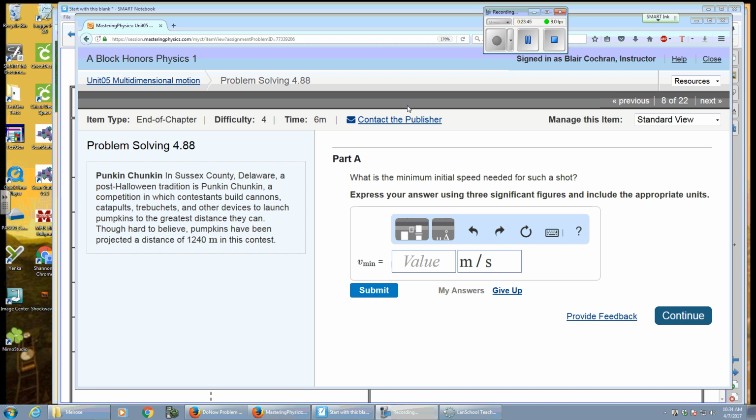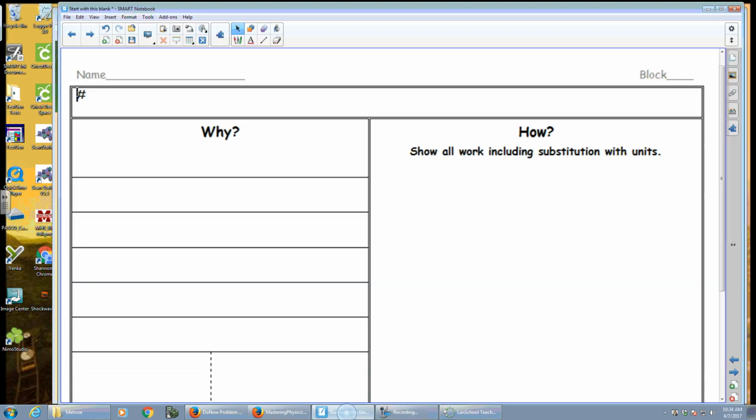Yep. So that's going to be something we're going to put here in the Y. Launch at 45 degrees for max range.